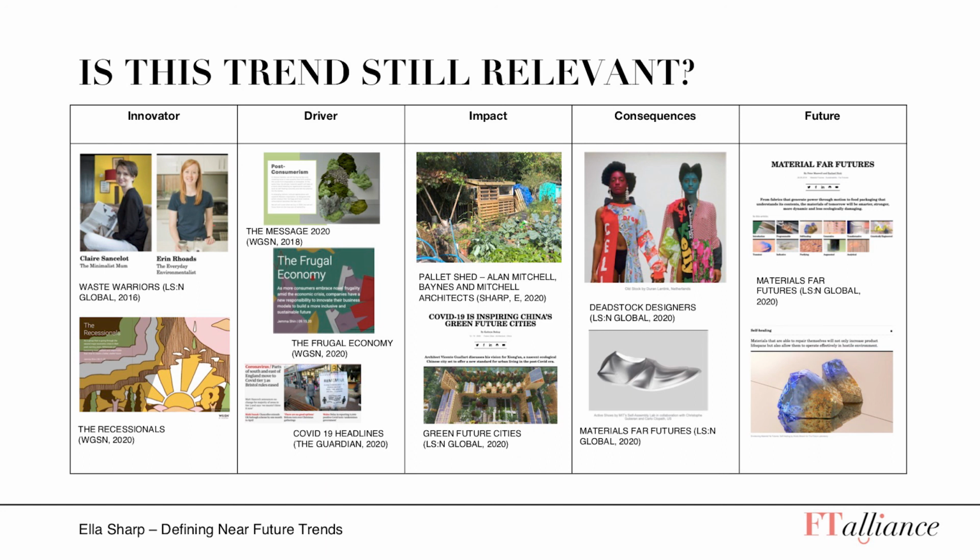And in the future column, we can see a range of ideas. So from fabrics that generate power through motion to food packaging, which understands its contents, with the focus on materials of tomorrow needing to be smarter, stronger, more dynamic, and absolutely essentially less ecologically damaging than they have been in the past decades.